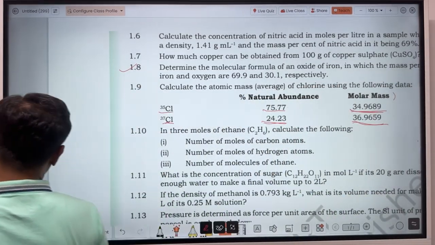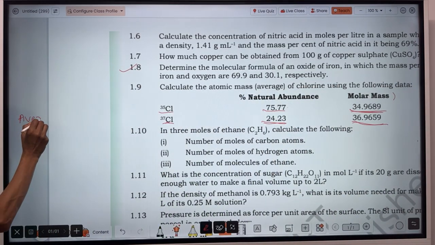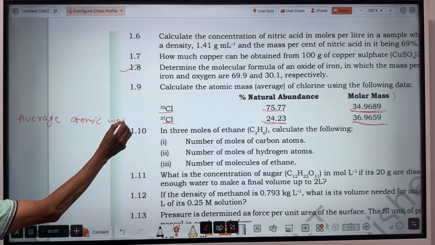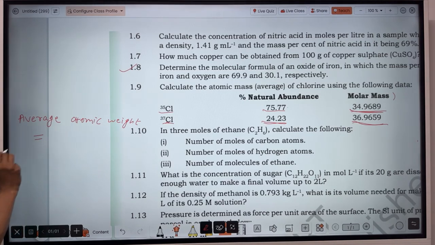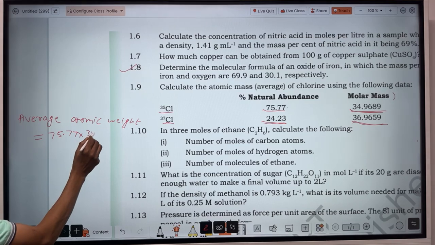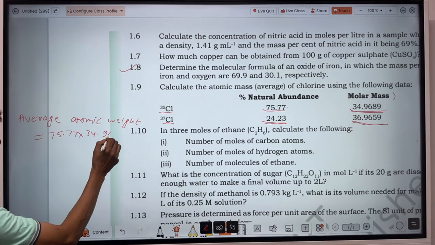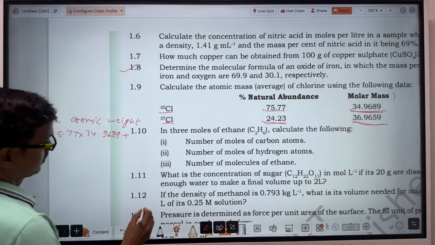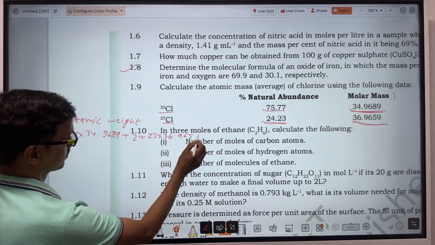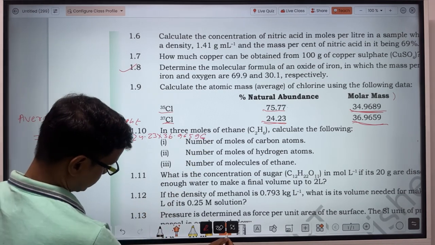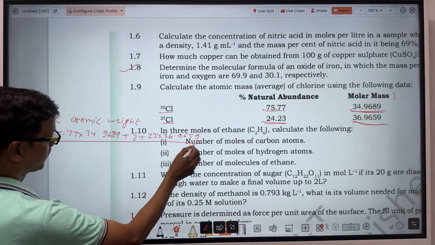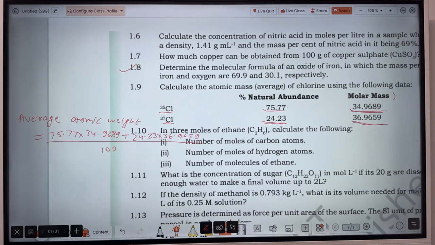The average atomic weight will be that whole upon 100. So very simple here.